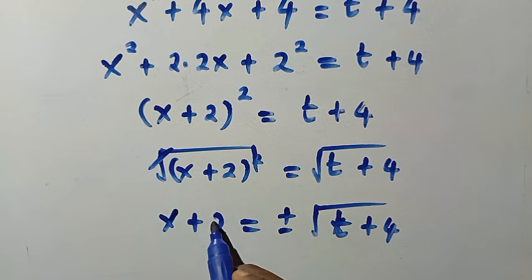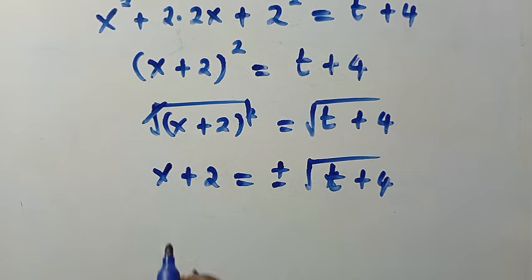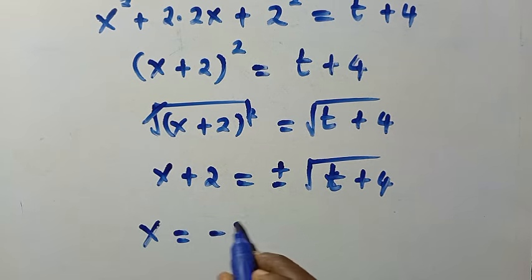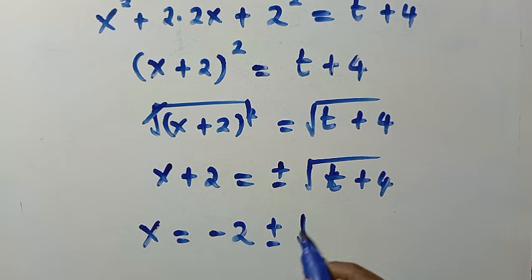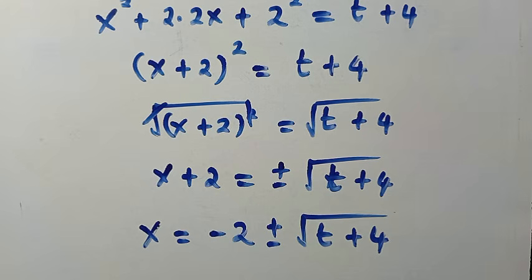So let's subtract 2 from both sides. We have x equals minus 2 plus or minus the square root of t plus 4. So this is what we have.